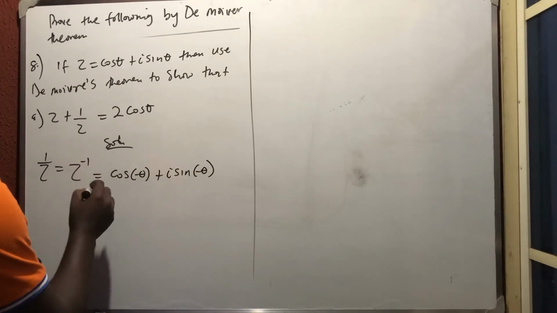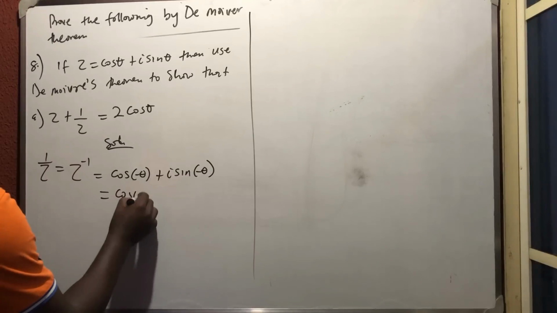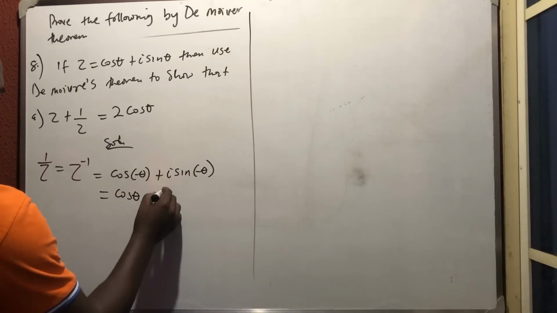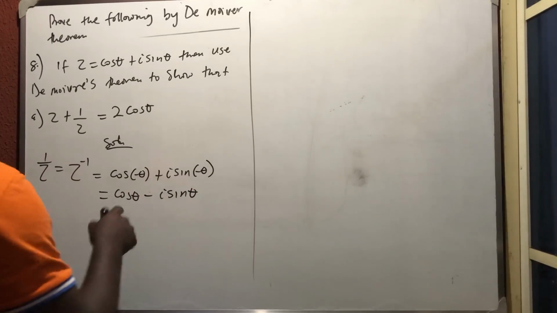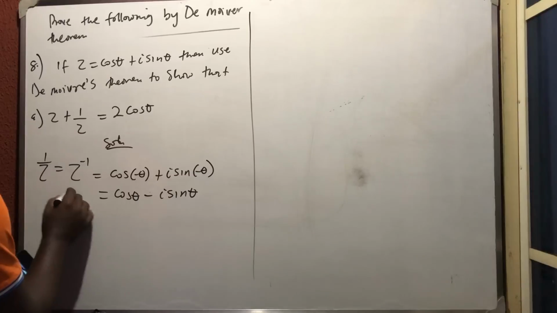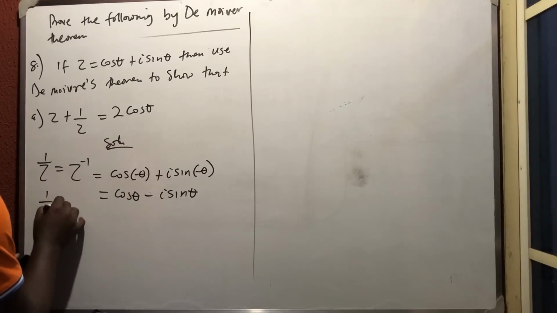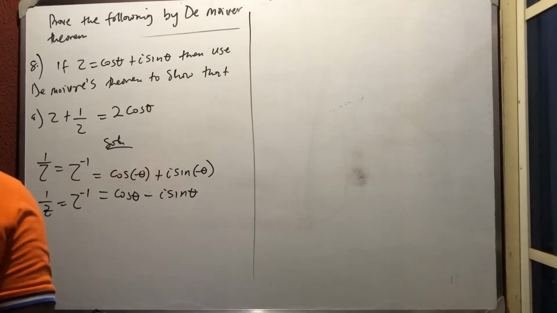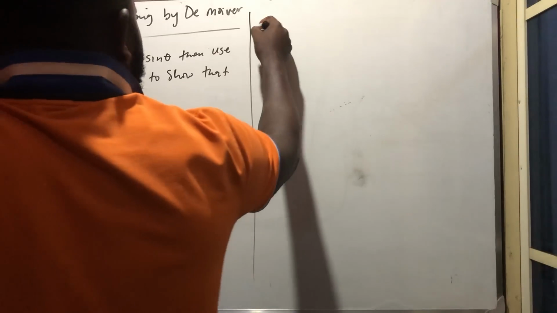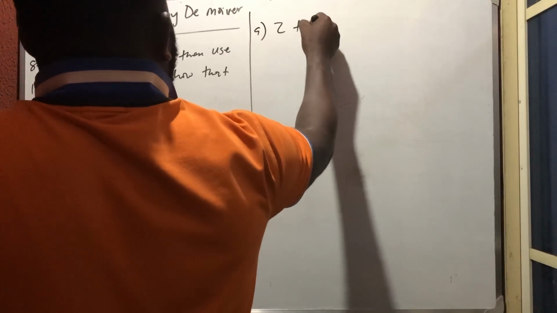But cos is an even function, so it's going to be cos theta minus i sine theta. So just know that 1 over z is equal to z raised to power minus 1, which is this.